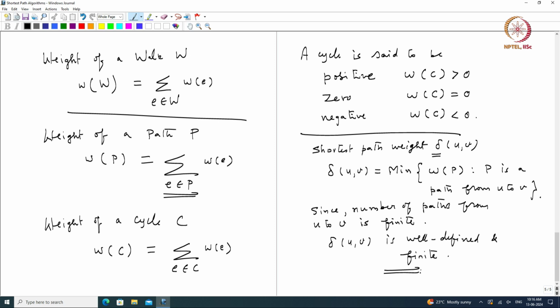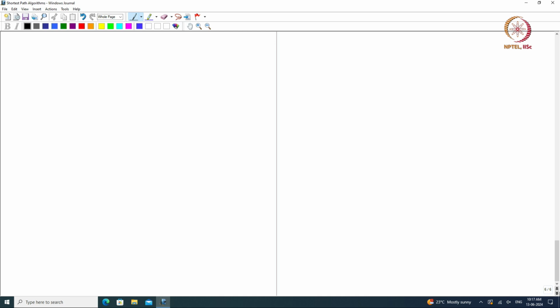That number is called the shortest path weight. Any path whose weight is delta UV is called the shortest path from U to V. This is shortest path weight.